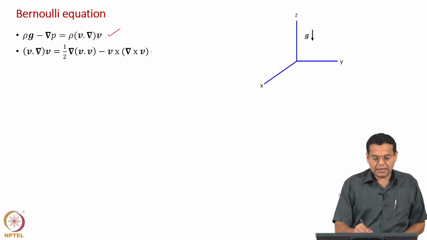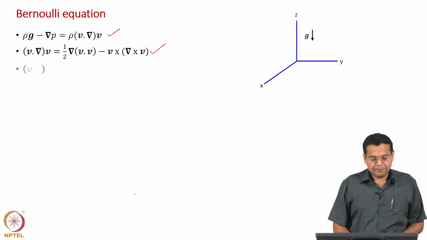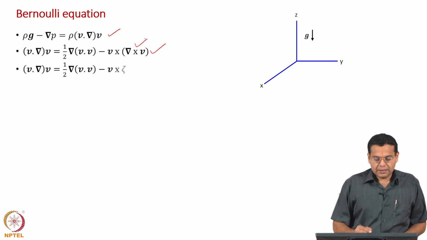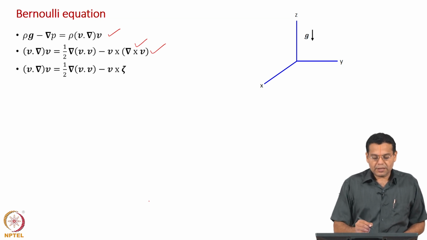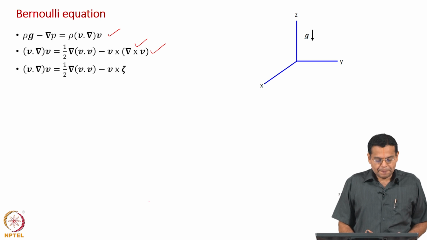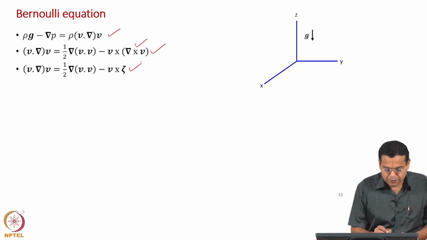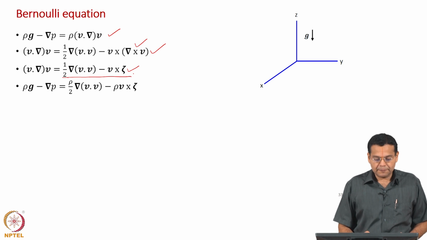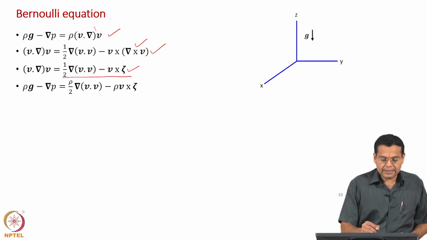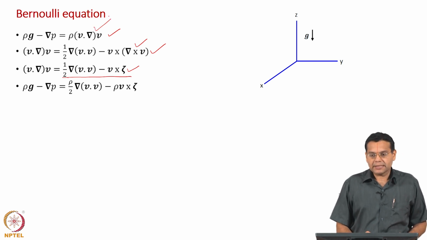We are using this vector identity, and just now we discussed that this del cross V can be represented in terms of the vorticity vector. So now let us substitute this vector identity in terms of the vorticity vector in the right hand side of this steady state Euler equation.